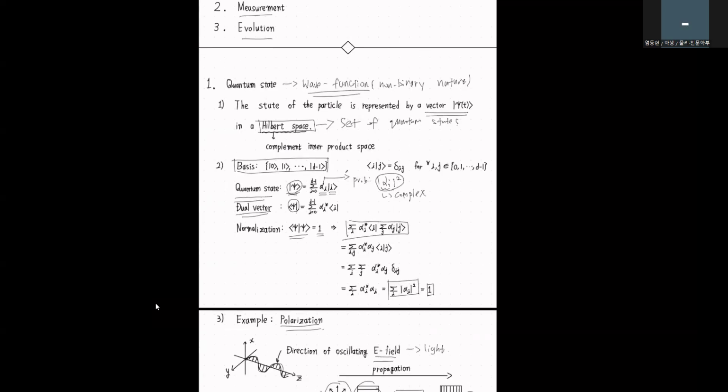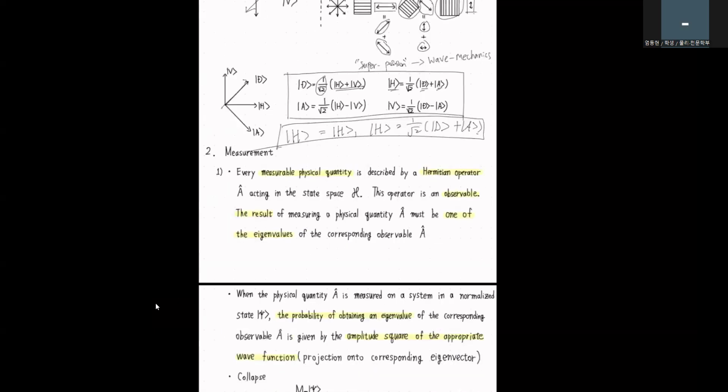Now, how do I analogize quantum states with classical states? What's the difference? Well, this is where measurement comes in. The physical thing we actually see is not the quantum states, but the classical products of measuring a quantum state.